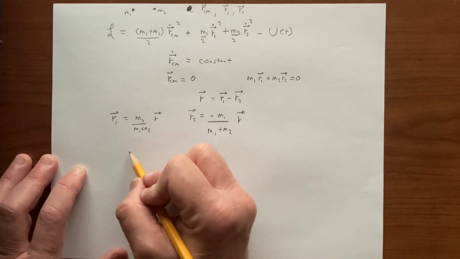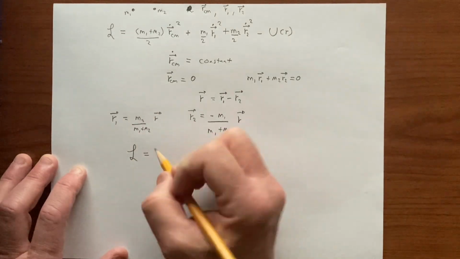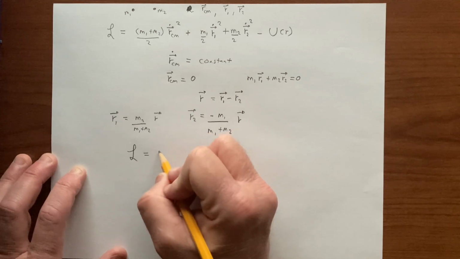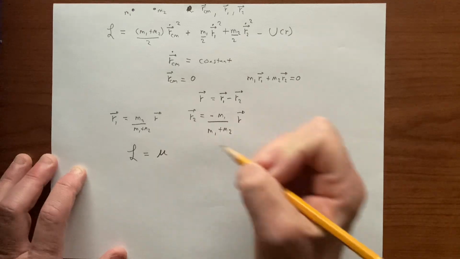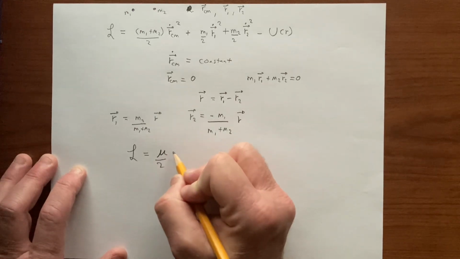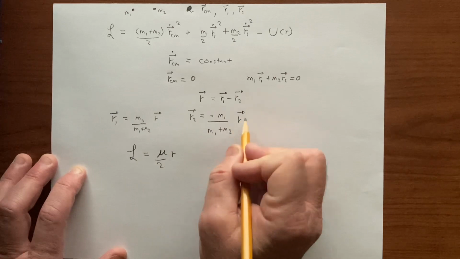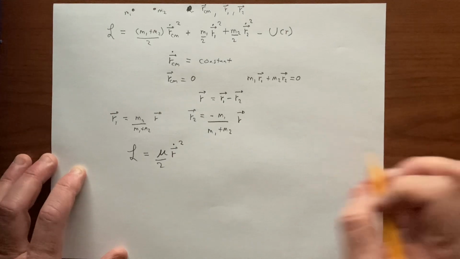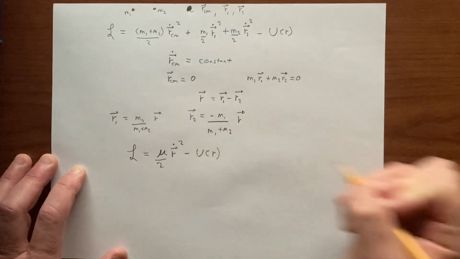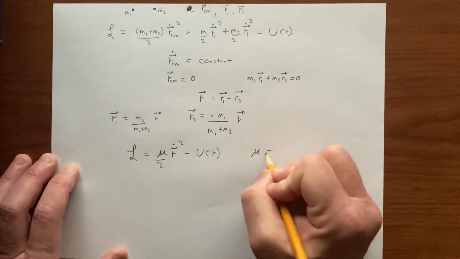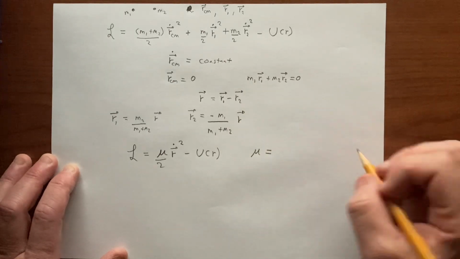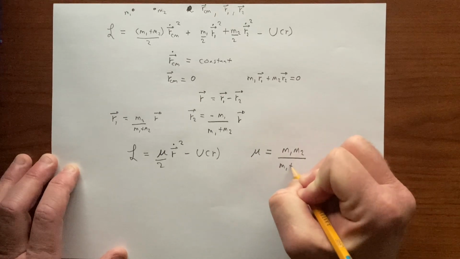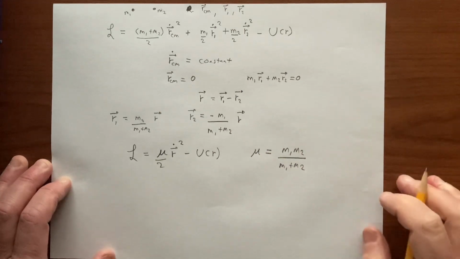And so we can write a Lagrangian that involves, I think this is called a reduced mass. It's usually indicated as mu. So 1/2 mu times this coordinate r dot squared minus U of r, where this reduced mass, if that's the right name, is m1 times m2 over m1 plus m2.